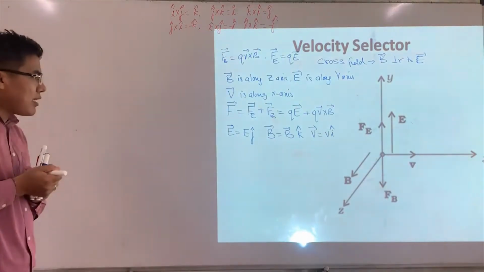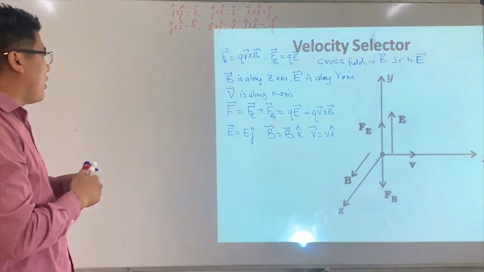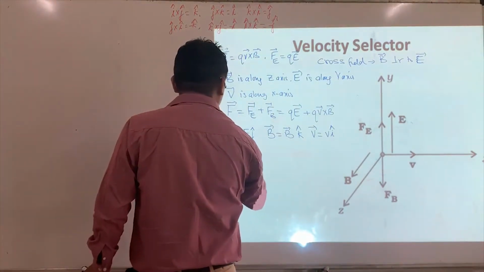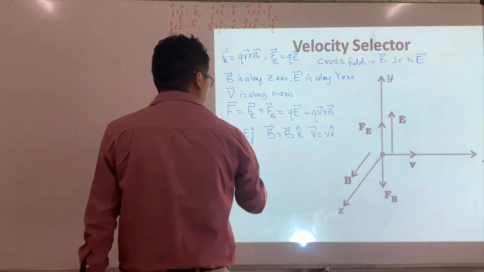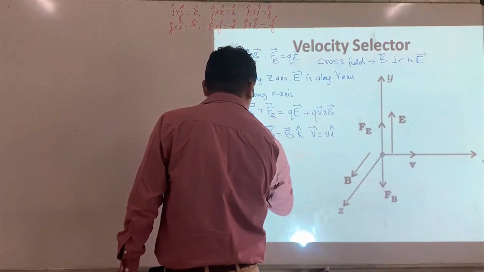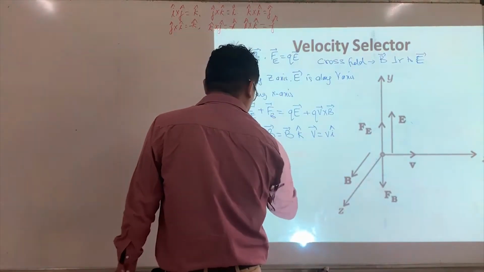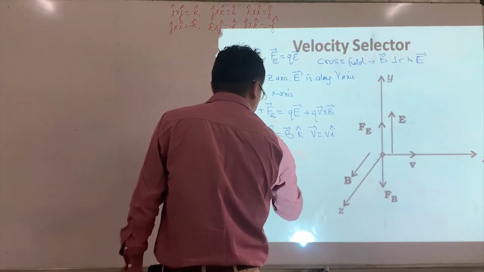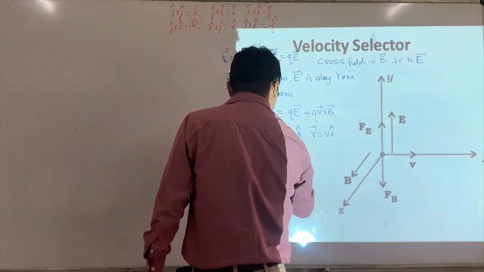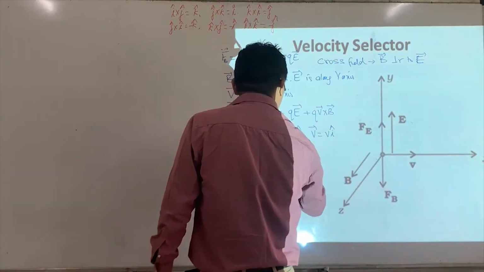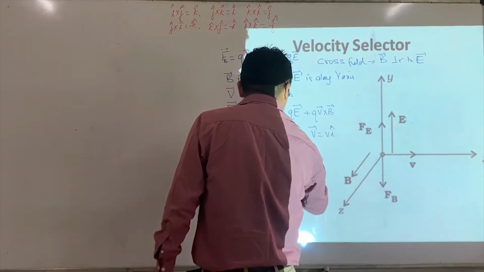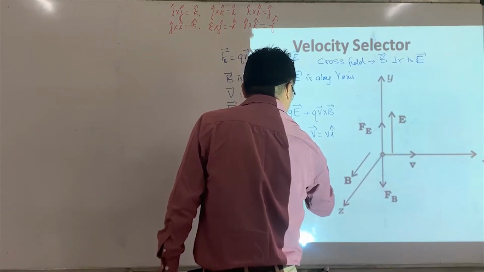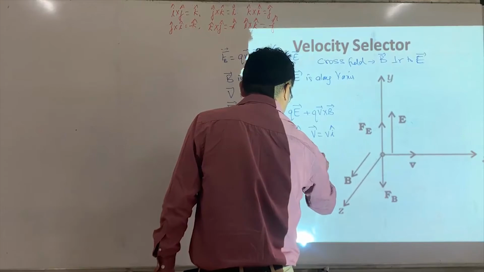Now having this, what is the total force? Total force is equal to QE along j, this is j, plus Q times V, where V is i cap, cross B, which is k cap.